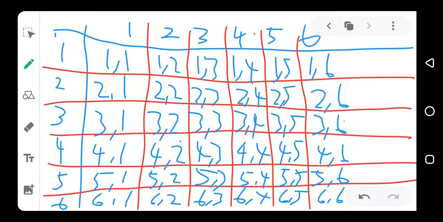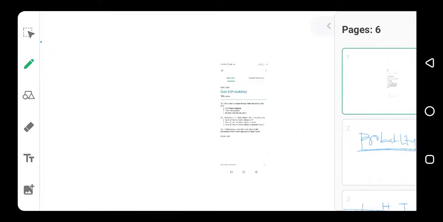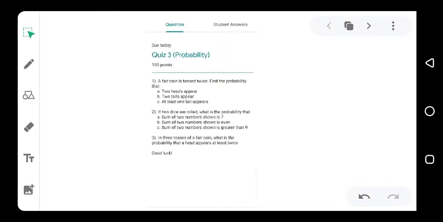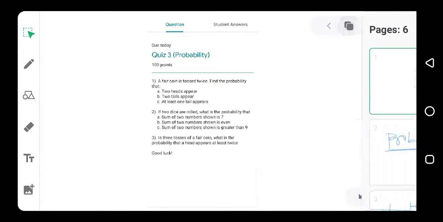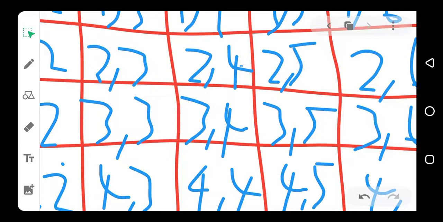Now the question, in question number 2a, we are told to find the probability that the sum of two numbers shown is 7. So what we do now is that we come to the table we have drawn.